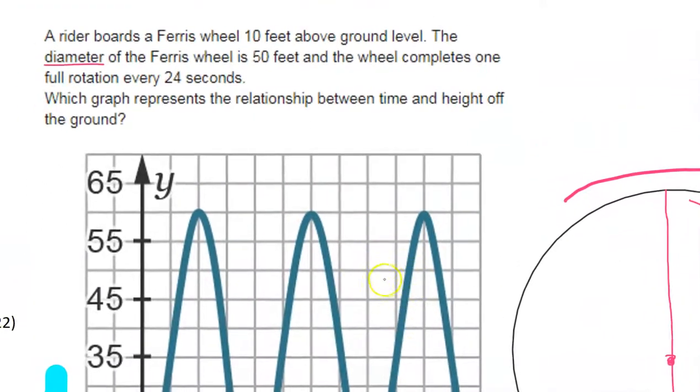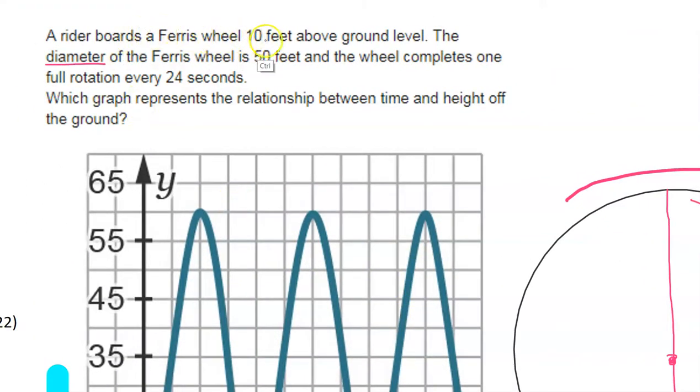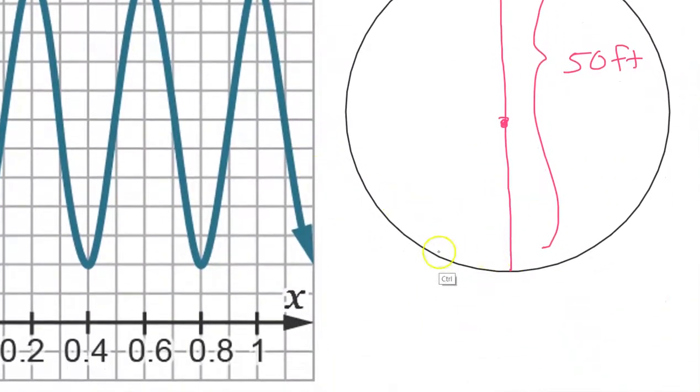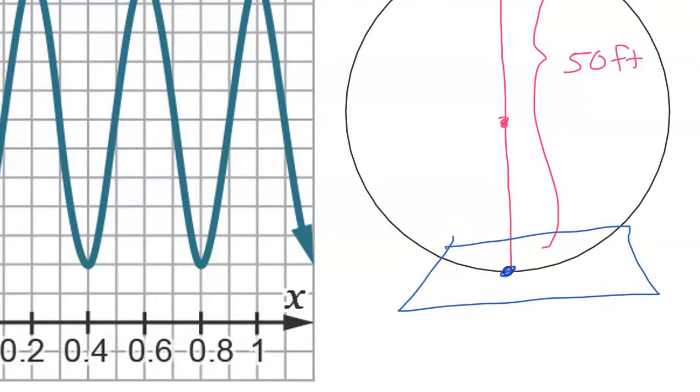All right, so we're going to look for a couple of things. First of all, the rider boards a Ferris wheel 10 feet off the ground. So the rider boards the Ferris wheel obviously at the bottom. So you're supposed to imagine that there's some sort of platform here where people can board the Ferris wheel at the bottom. And the platform is 10 feet off the ground. So I got an extra 10 feet right here.